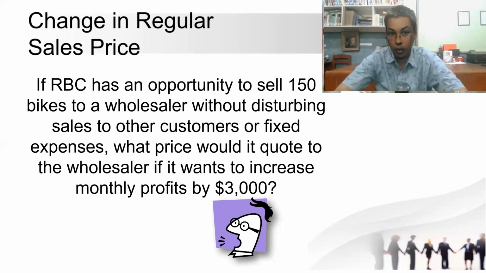So 3,000 divided by 150. That is 20. No? We need to have an income of 20.